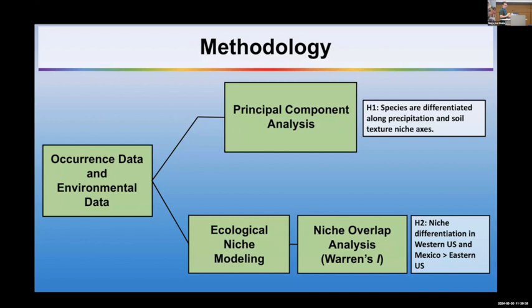This was done by generating 10 replicates of niche models for each species, and then taking a model average of those 10 to get a composite average for a given species. All of these averages were put into a niche overlap analysis pipeline using the Warren's I metric, which I'll touch on more in a second.